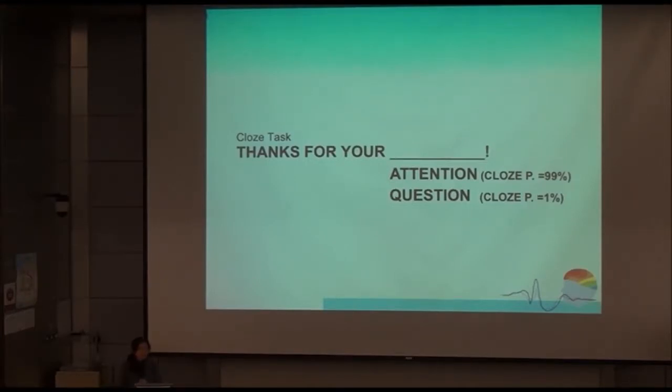Because this manipulation may risk being influenced by other effects like the wrapping up effect. Pardon? Wrapping up effect. Yes. Because in most of the ERP studies, I noticed that the target words are embedded in the middle of the sentence, not at the beginning or the ending of the sentence. So that's why we put it in there.